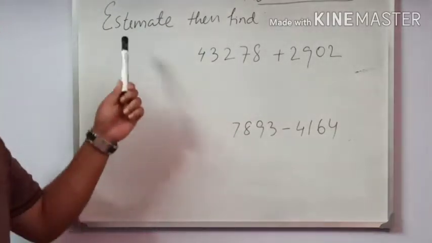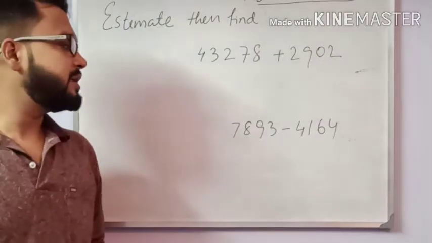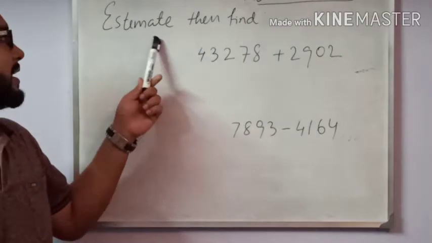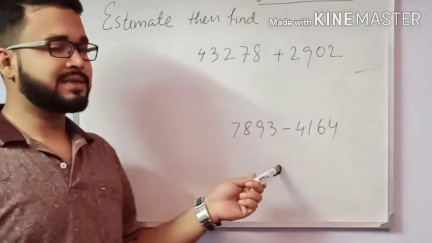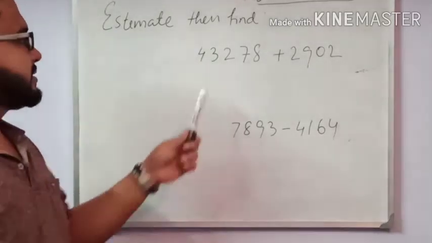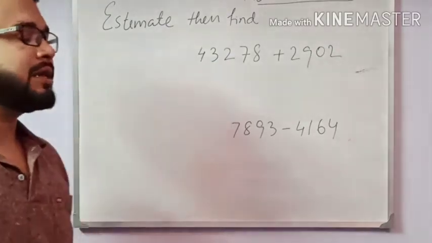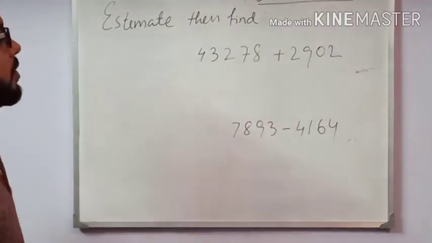Next question. Estimate, then find the sum or difference. For class 4-5 students, no need to estimate. You just simply add or subtract this one and check. For class 6, estimate this first and then find. So 43278.